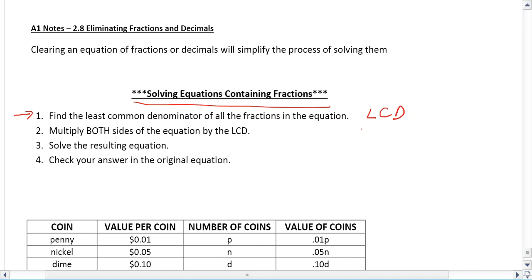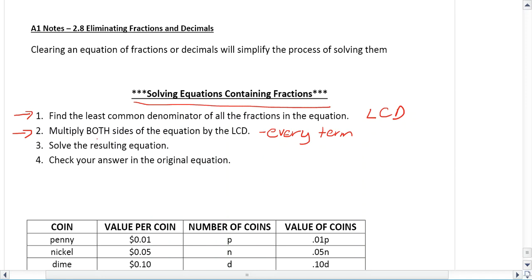Once you find that LCD, you use it as a multiplier, and you multiply both sides of the equation by this denominator. Perhaps a better way for me to say this is you multiply every single term by that common denominator, every term. If you don't multiply the denominator through by everything, you have destroyed your equal sign, destroyed your equation.